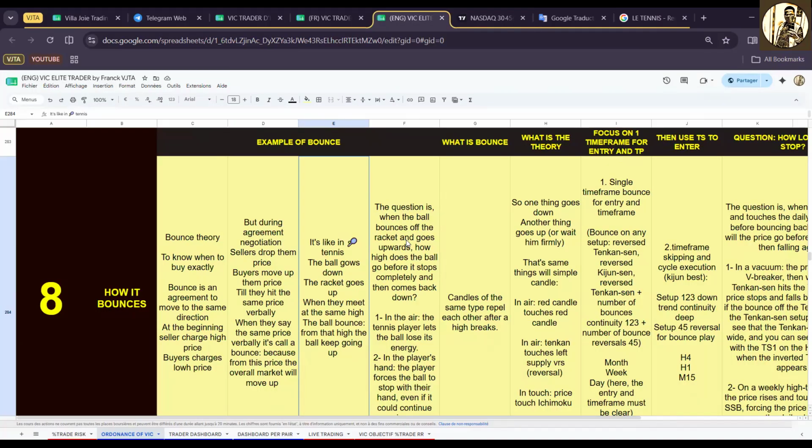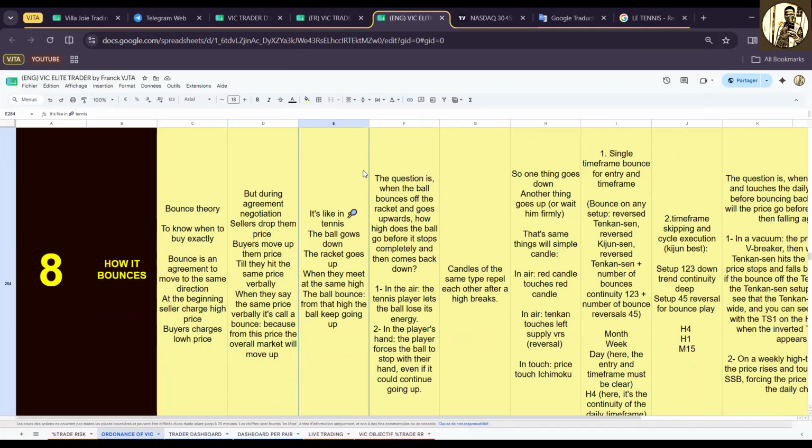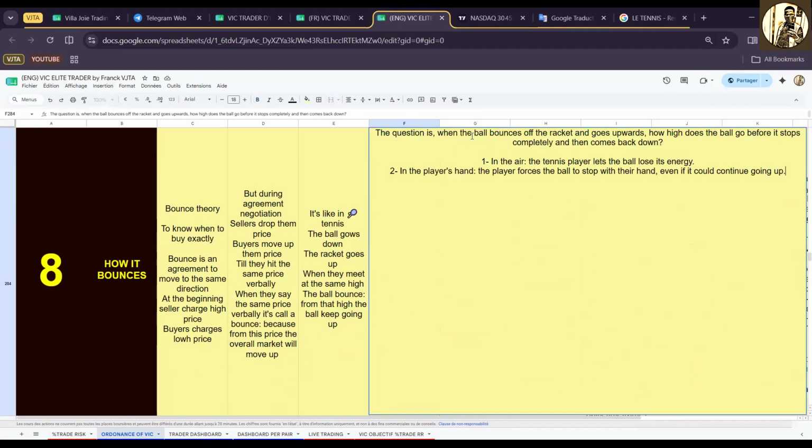So what I'm trying to say is that the question is, when the ball bounces off the racket and goes upward, how high does it go? Does the ball go up before it stops completely and then come back down? Okay, we said in the air first, the tennis player lets the ball lose its energy.